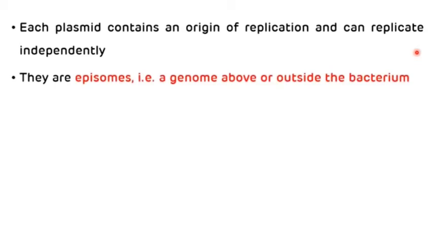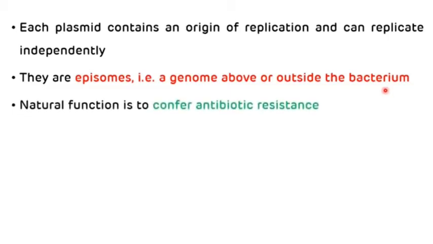They are episomes, meaning they are genome present outside the bacterial chromosome. A natural function of plasmids is to confer antibiotic resistance to the bacteria. And they can carry or transfer around 0.01 to 10 kilobase pairs of DNA. So that is about plasmids.